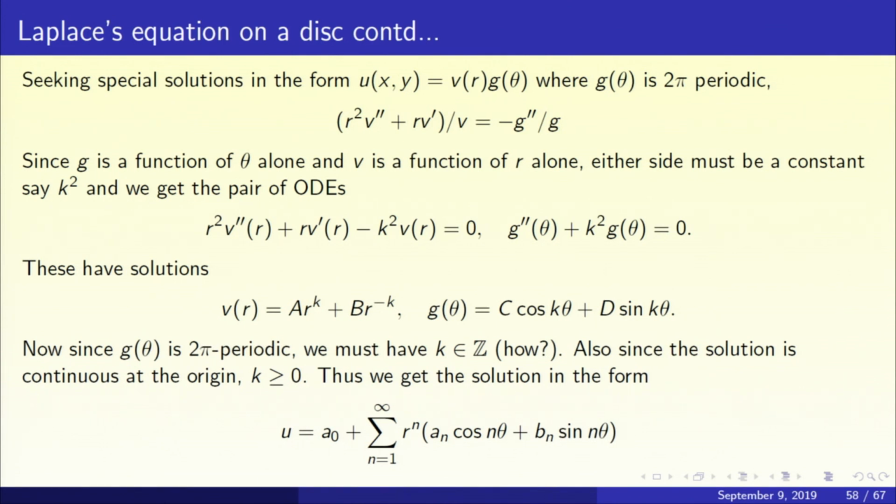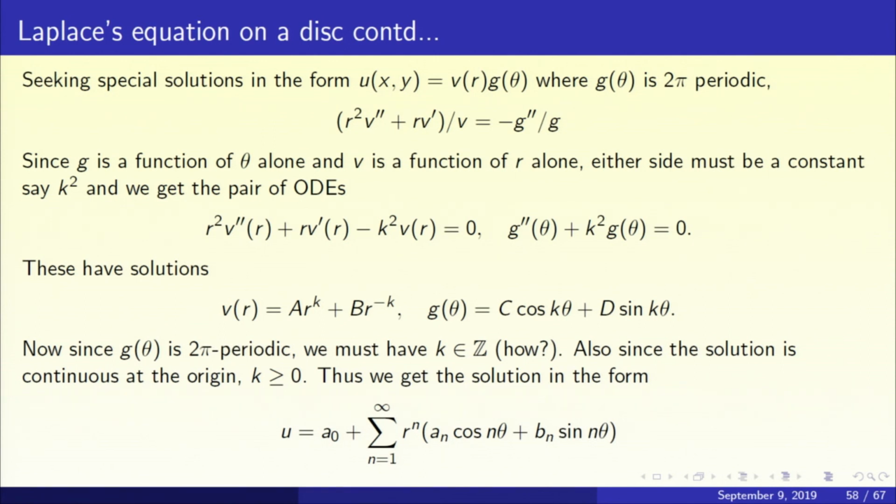Look at the v equation. V of r equal to a r to the power k plus b r to the power minus k. If k were to be 1, 2, 3, what happens? We must now look at the b r to the power minus k. When k is 1, 2, 3, etc., r to the power minus k becomes infinite when r is 0.